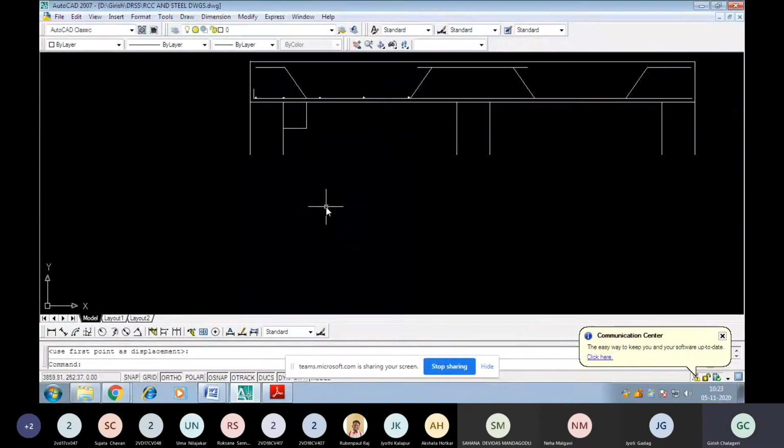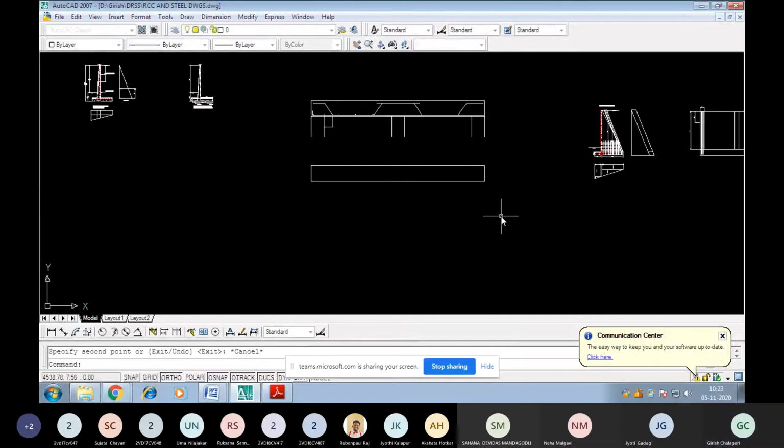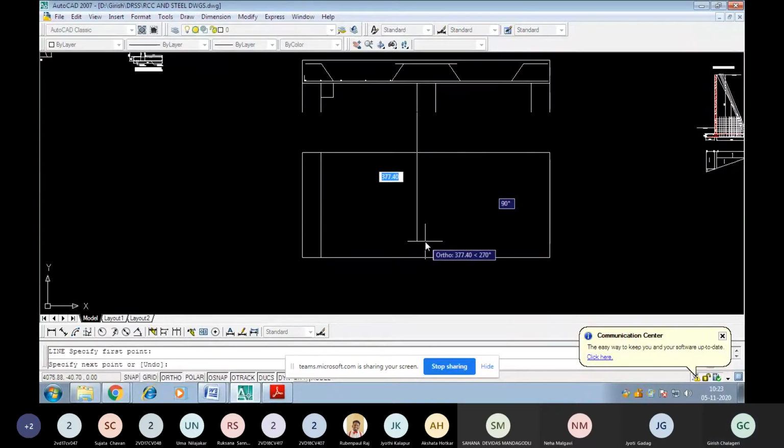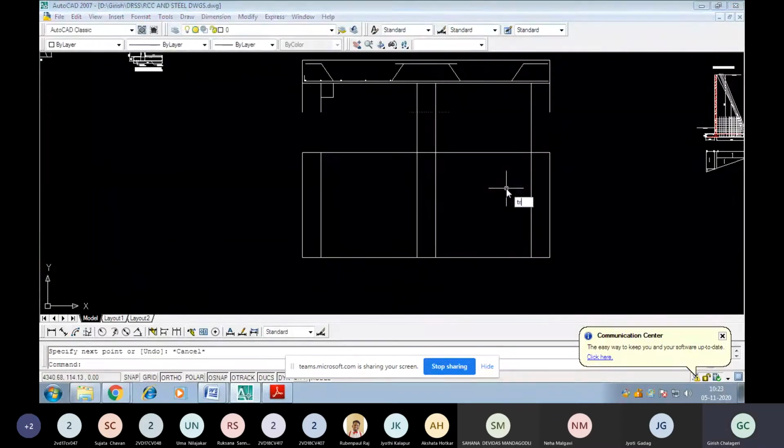If you see the same thing in plan, I think you can take the same plan here. This is the slab. The beams are provided in this fashion. I'll show how the reinforcement should be done here.